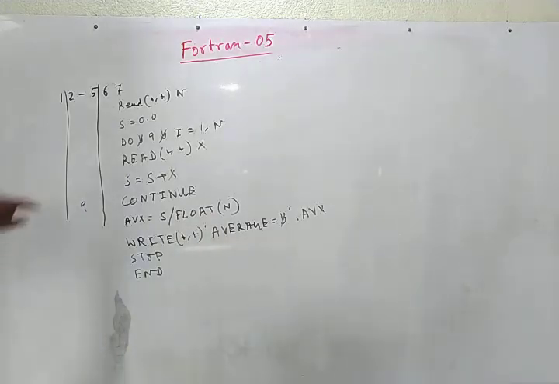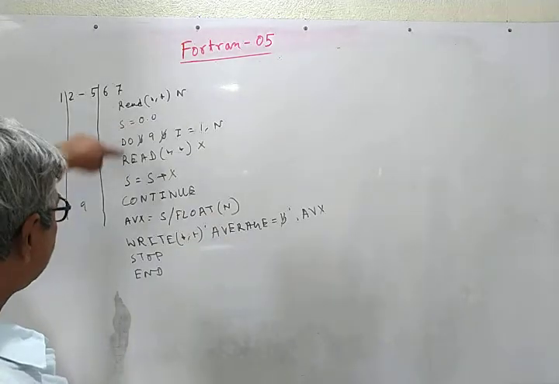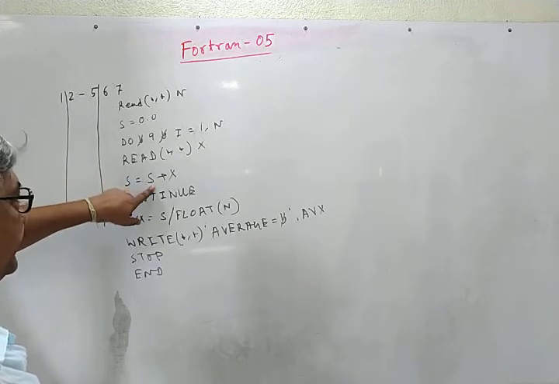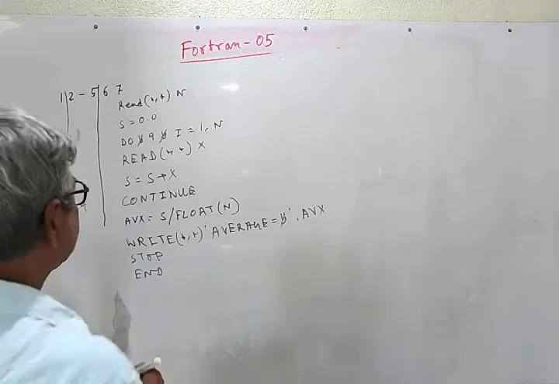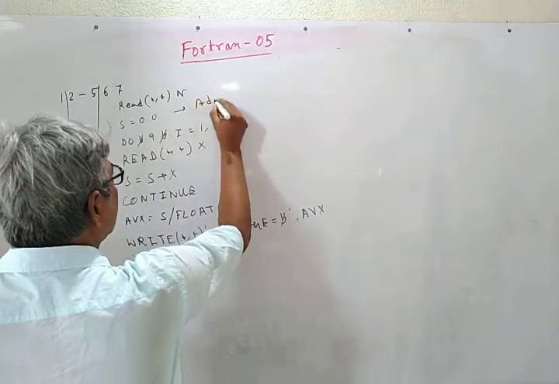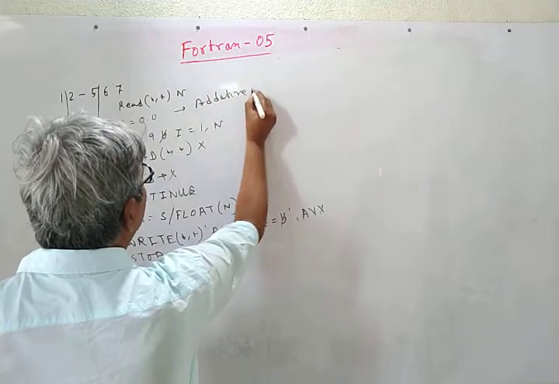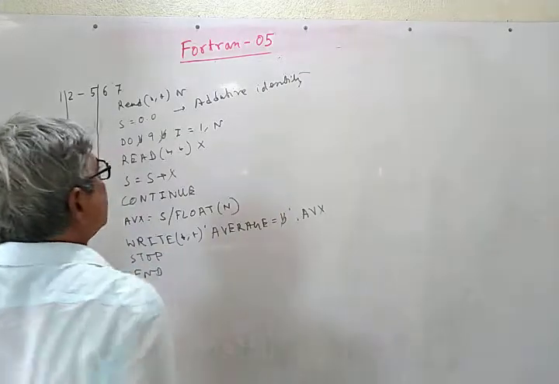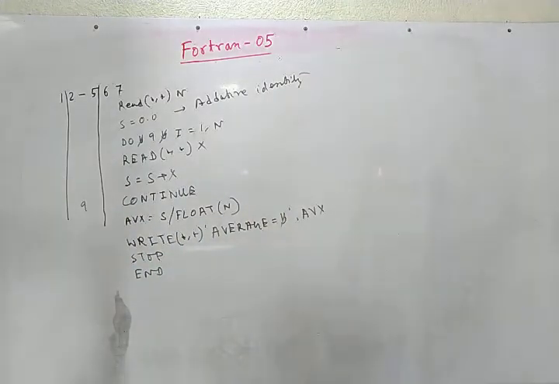So here in the first step, when I is equal to 1, s has to be assigned previously. It has been set to 0, the additive identity. S has been set to additive identity.